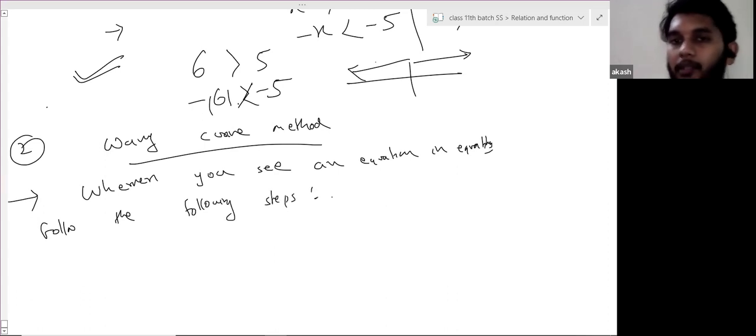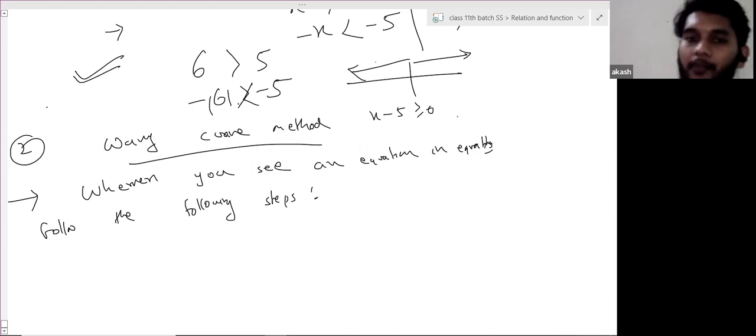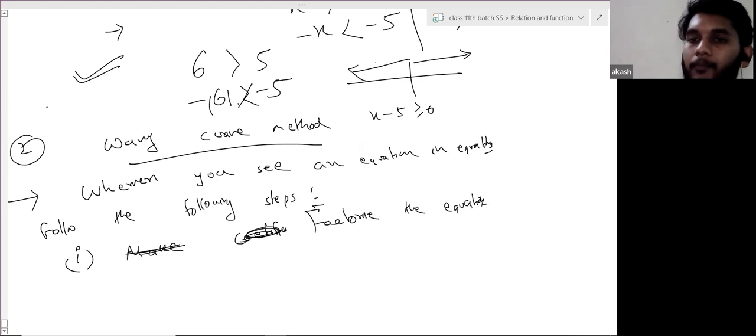If you have x minus 5 greater than or equals to 0, this you can solve very easily. But if you have an equation longer than this, then you have to solve using the following steps. Factorize the equation. The first step would be to factorize as many times as you can.